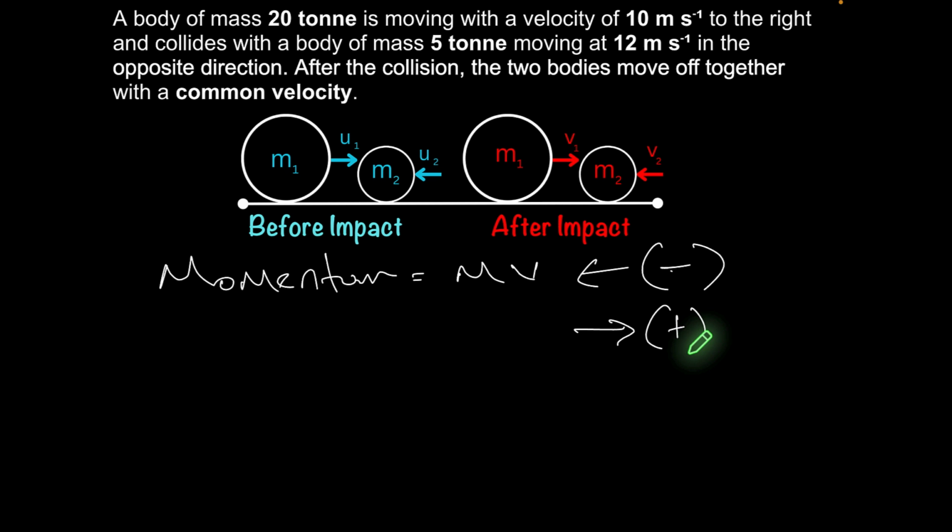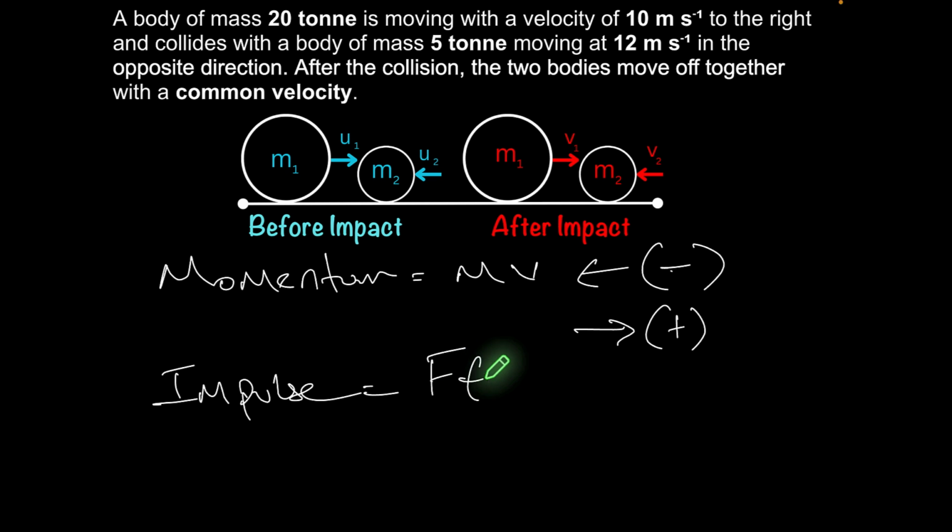Now, in terms of impulse, this is simply the measure of the effect of some form of net force acting on an object over some specified duration. For impulse, you may see variations of this formula, and one version you may see is just simply force multiplied by time. That's the force acting over a specified duration.